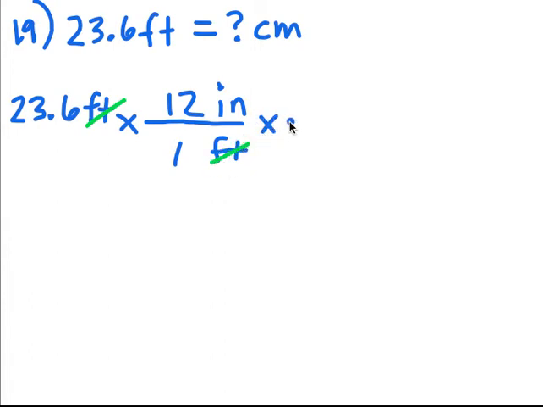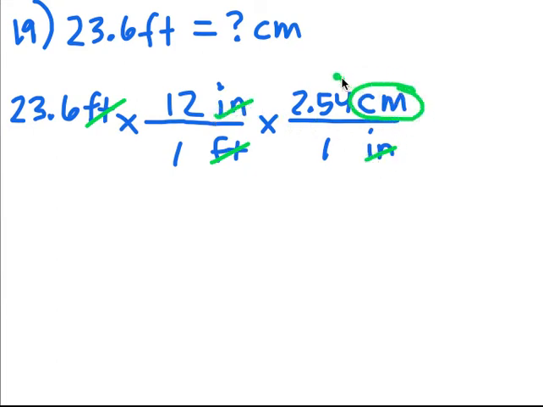And now I need to do the conversion to get from inches to centimeters. So I put inches on the bottom and centimeters on the top. This time it's going to look a little different because inches is on the bottom. Before we had inches on the top. So 1 inch equals 2.54 centimeters. And now we can cancel inches. And we're in centimeters, which is good because that's what we want to be in.